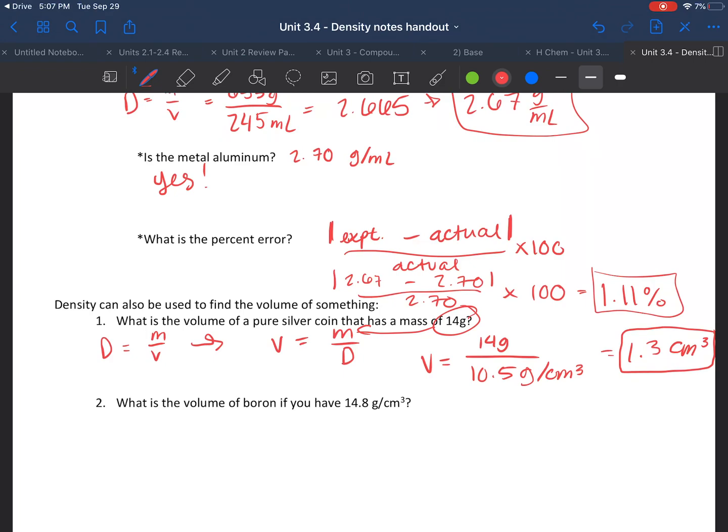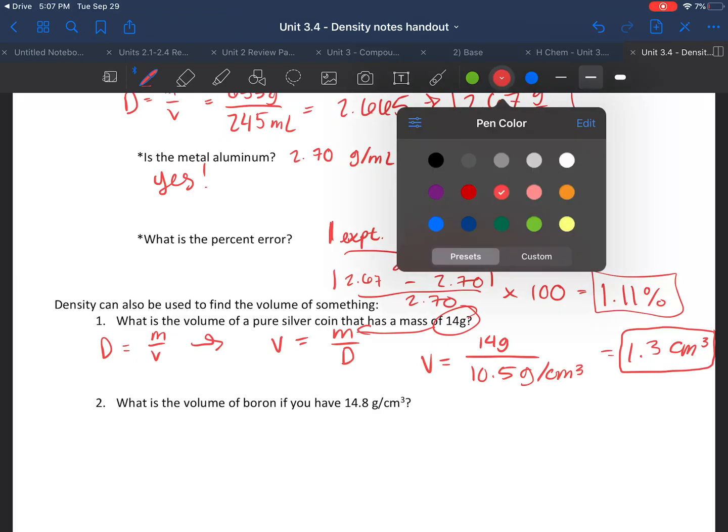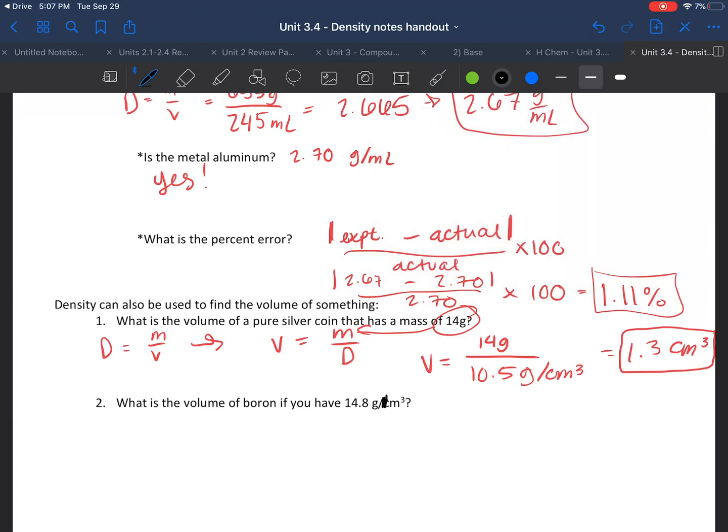All right, let's do another one. Let's determine the volume of boron if we have, oops, I accidentally put that as grams per centimeter. This should say, I'll have this fixed for your sheets, but just grams here.